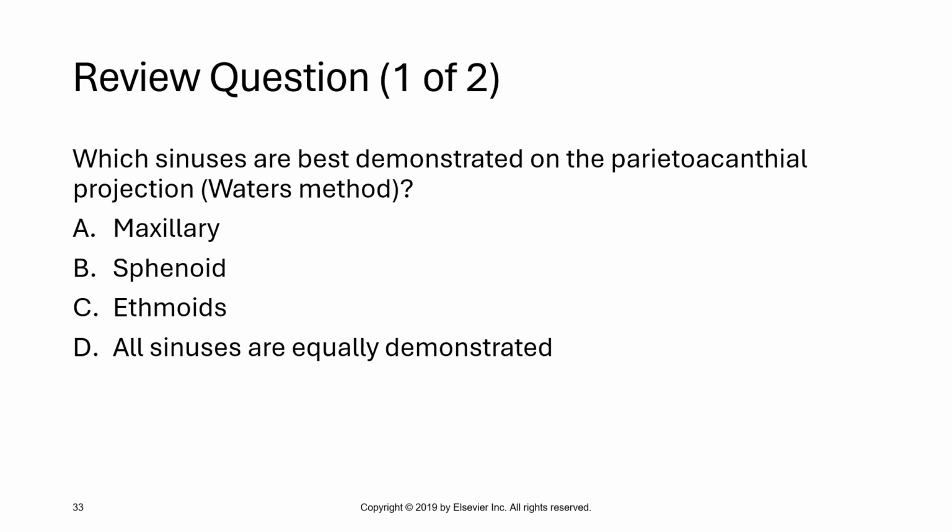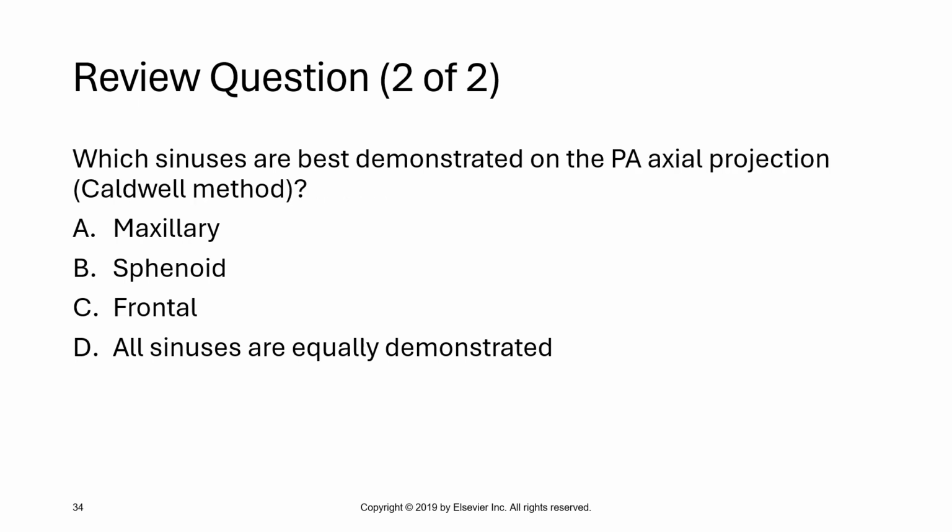Of the choices here, the maxillary sinuses are definitely closest to the image receptor for a parietoacanthial projection. Which are best demonstrated on the Caldwell method? That would be the frontal sinuses. So the maxillary sinuses on the Waters method, frontal sinuses on the Caldwell method.